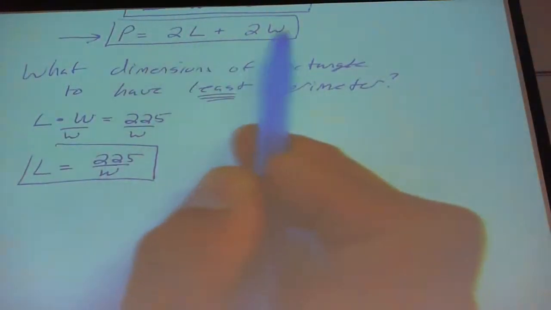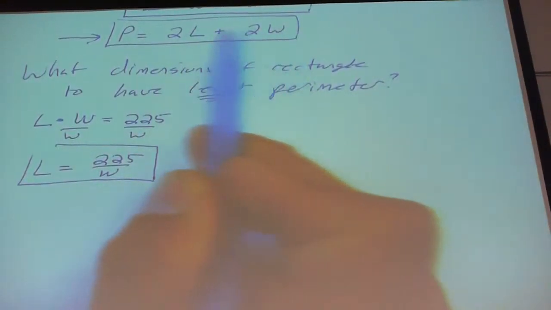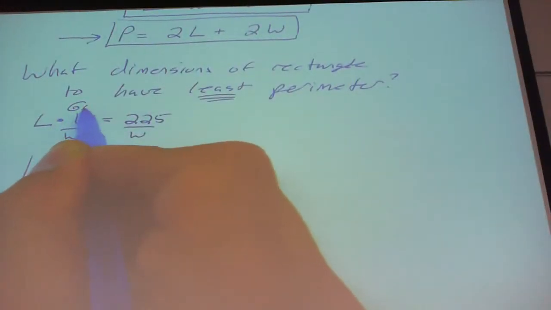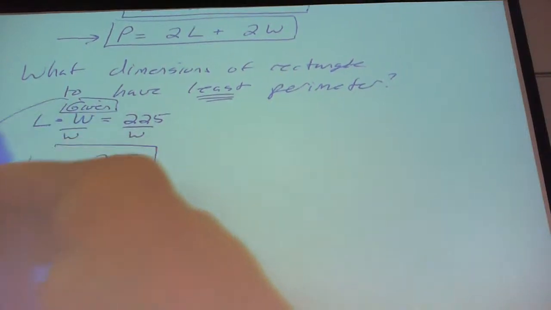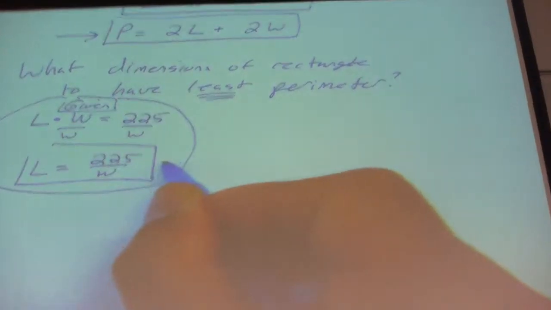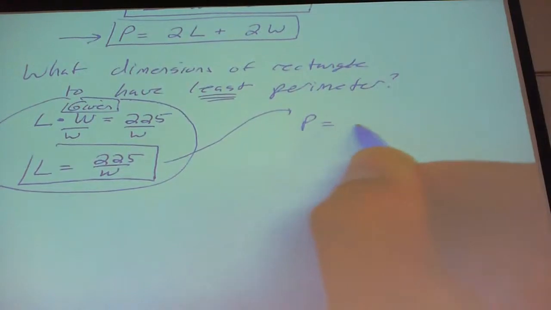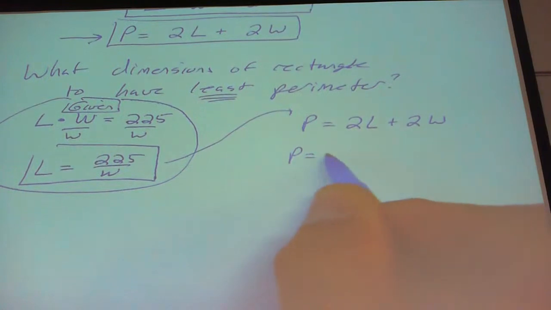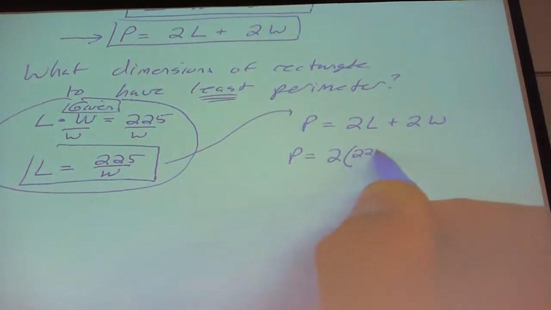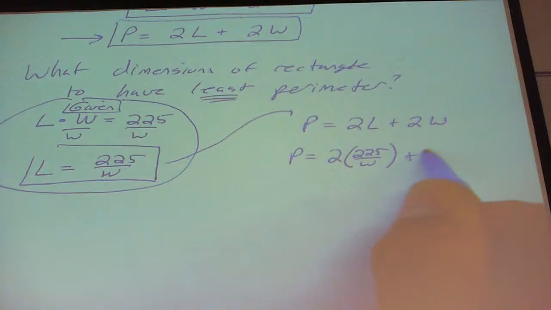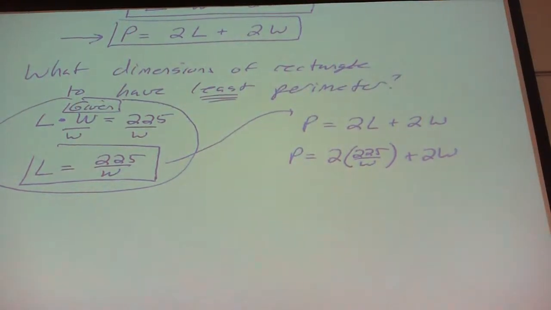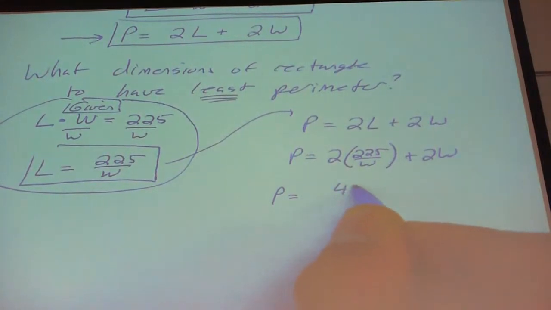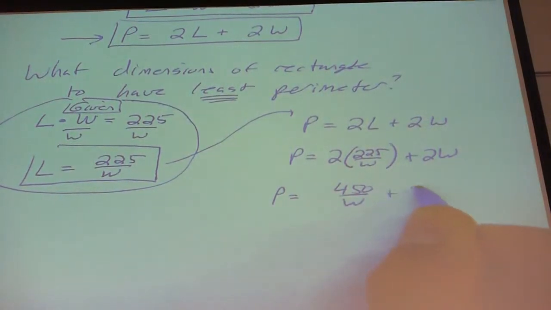Because I can't deal with the perimeter function right now because it has two variables. But if I take what's given and plug it into the perimeter function, where there's an L, I put 225 over W. Now, am I dealing with one variable or two variables? Only one variable.